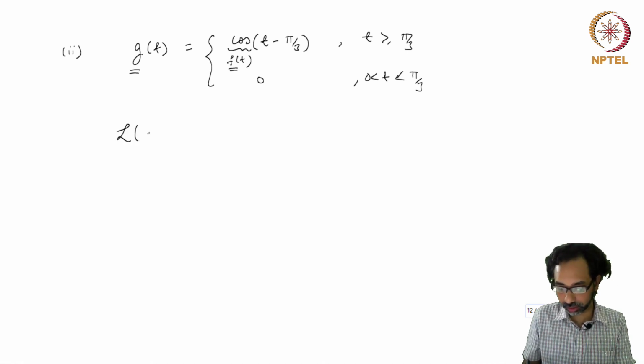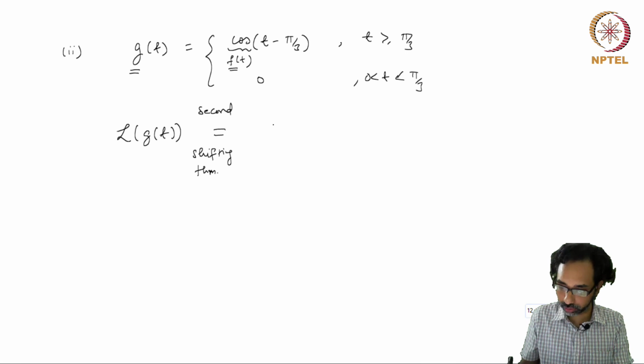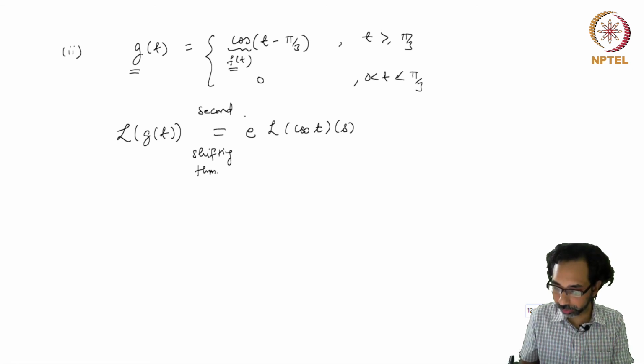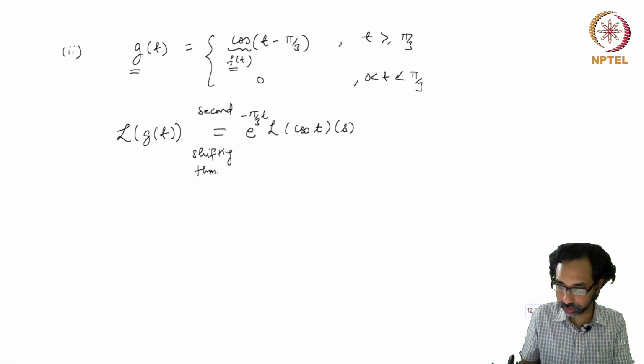So the Laplace transform of g(t), by the second shifting theorem or second shifting property, should be given by the Laplace transform of cos t evaluated at s, multiplied by e to the power minus pi by 3 times s.